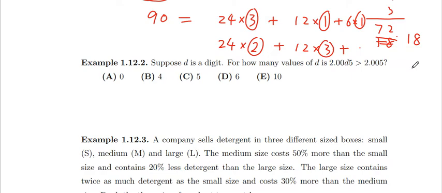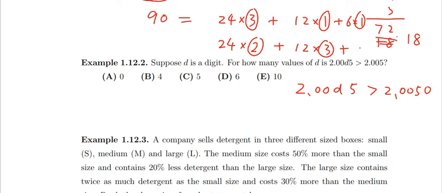Okay, so this problem I think is easy. What are the possible values for D? Such that 2.00D5 is larger than 2.005. So here it's 0. Okay, 2.00.